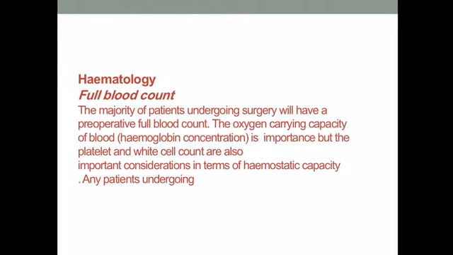Regarding hematology, a full blood count: major patients undergoing surgery will have a preoperative full blood count because the oxygen carrying capacity of the blood depends on the hemoglobin concentration. Its importance is clear, but the platelet and white cell counts are also important considerations in terms of hemostatic capacity.